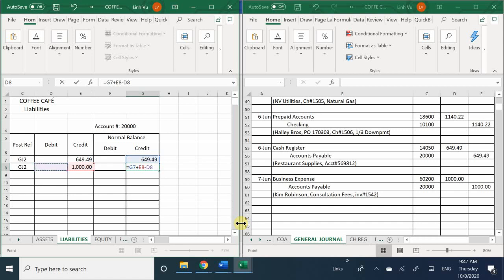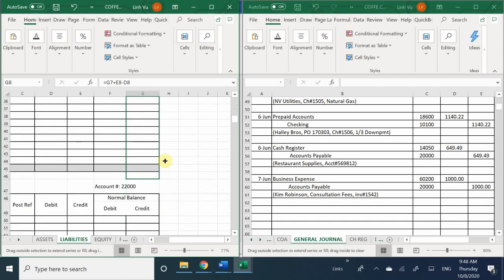Okay, so again, I'm going to pick up the number from previous, add any credits, and subtract any debits. So in this case, I should get a grand total of $1649.49. All right, and I'm going to autofill that formula all the way down.